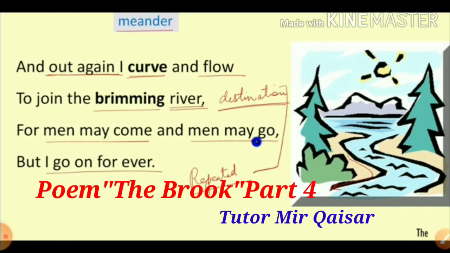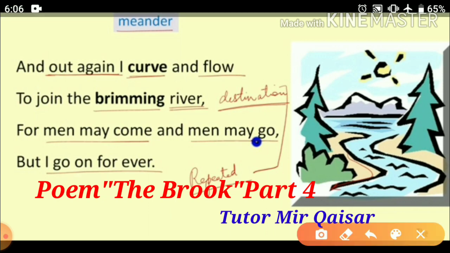And out again I go and flow to join the brimming river, for man may come and man may go, but I go on forever. And out again I go and flow. That means the brook says, and out again, after passing all these hurdles, after crossing all these ways, I again start to move in a curving way.